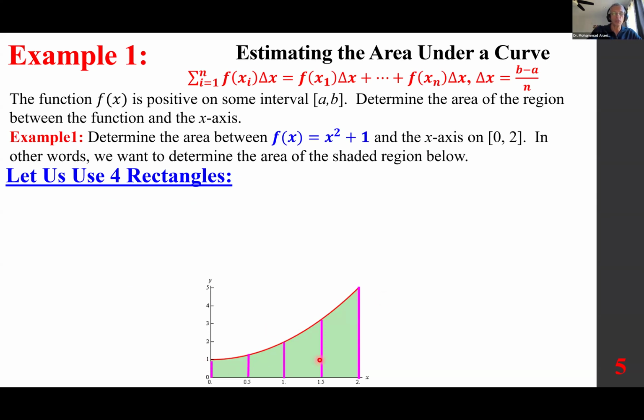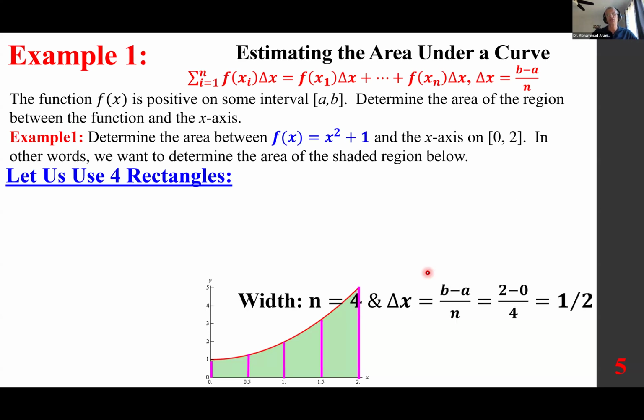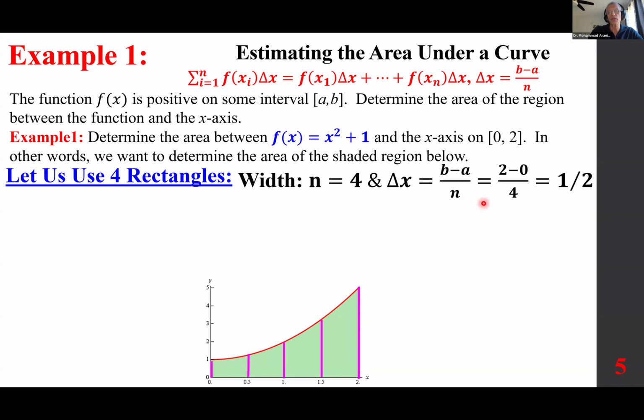Those are the 4 rectangular strips. N is 4, delta x is b minus a over n, 2 minus 0 over 4, 1/2, or 0.5. That's why we have 0.5, 1, 1.5, 2.